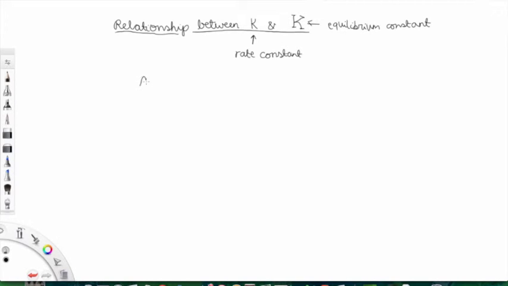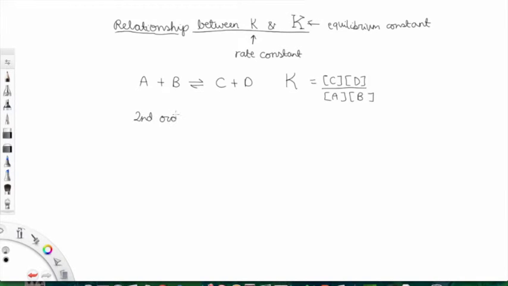So let's say A plus B goes to C plus D, and the equilibrium constant, big K, is the concentration of the products over reactants, if you remember doing this. And so let's assume this reaction is an elementary second order reaction.